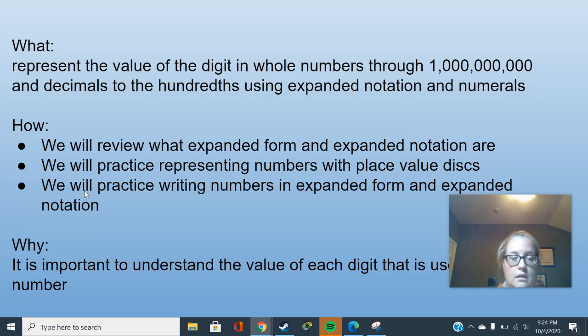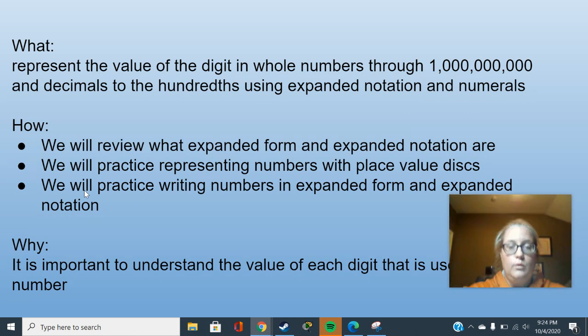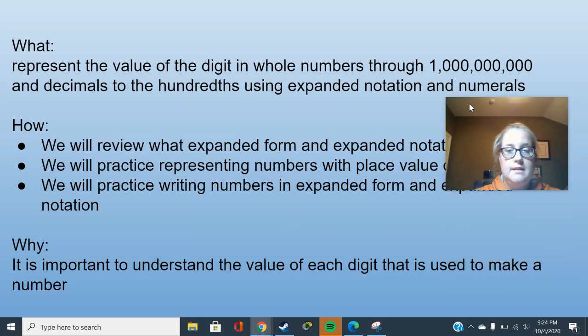How did we do that? Well, we reviewed what expanded form and expanded notation are. We practiced representing numbers with place value discs. We practiced writing numbers in expanded form and in expanded notation. And we did that because it's very important for us to understand the value of each digit that is being used to make a number.